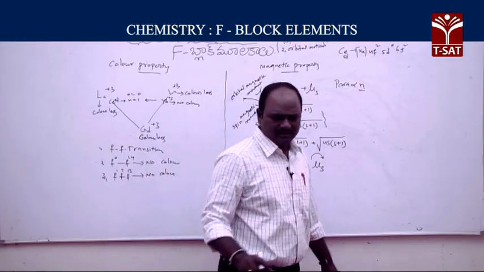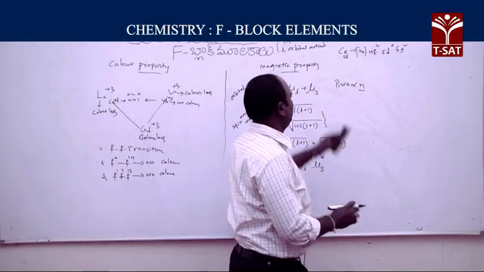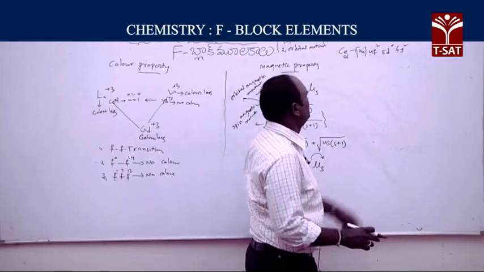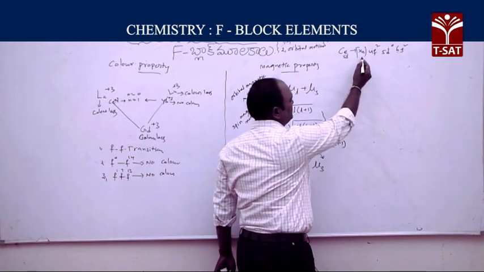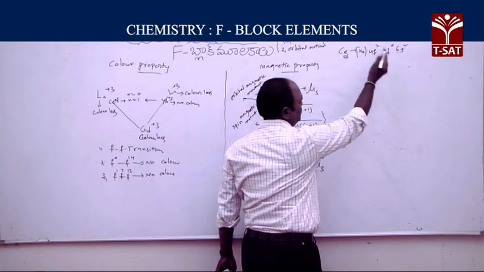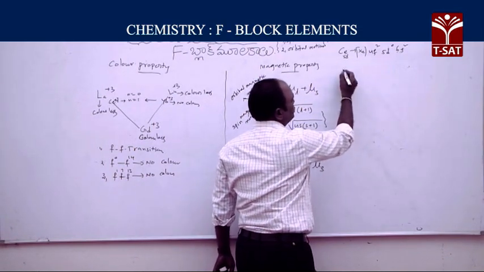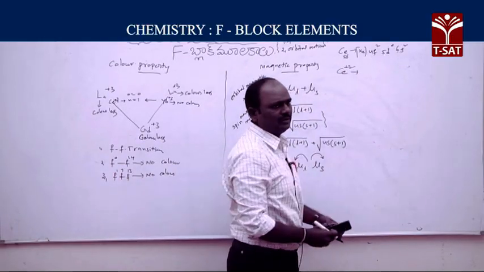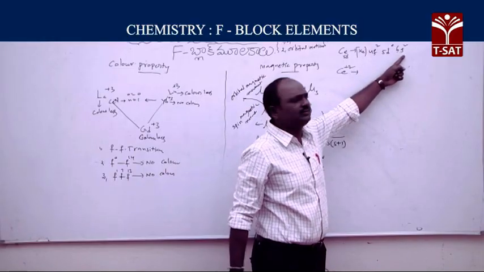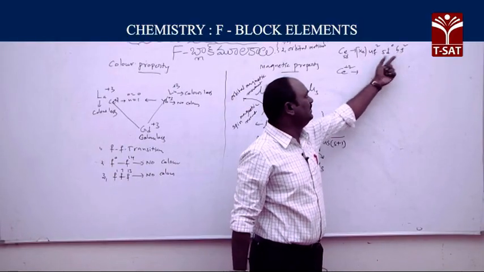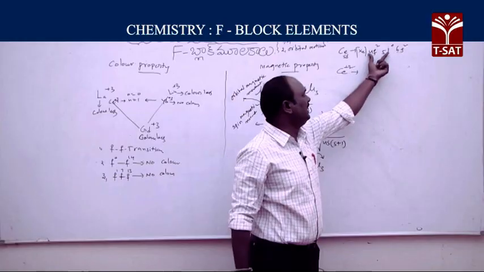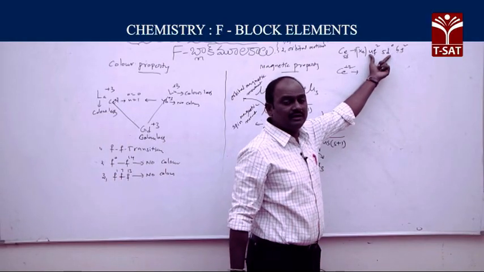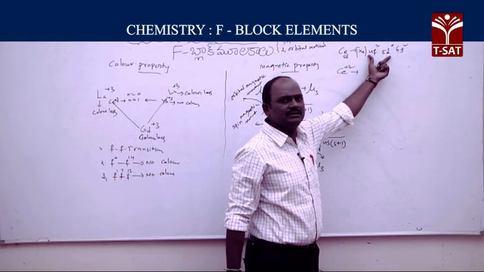You can take an example here by writing the electron configuration of cerium. Cerium 58: xenon 4f2, 5d0, 6s2. When cerium exhibits the +2 oxidation number, simply you can write that it loses 2 electrons from the valence orbit, not from the inner orbit, because the inner orbit electrons are very much influenced by the nucleus.